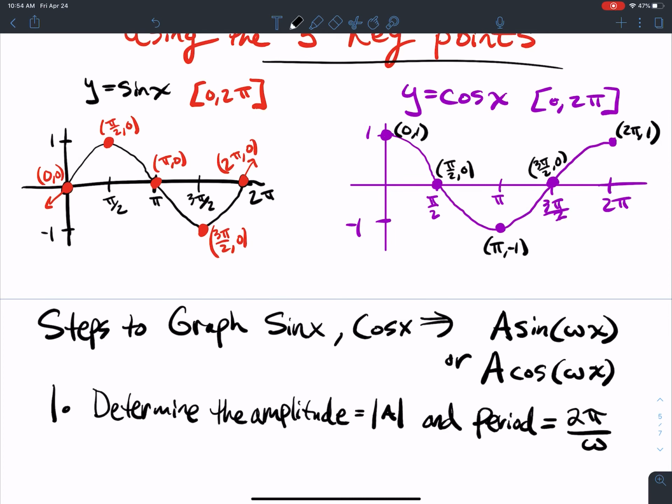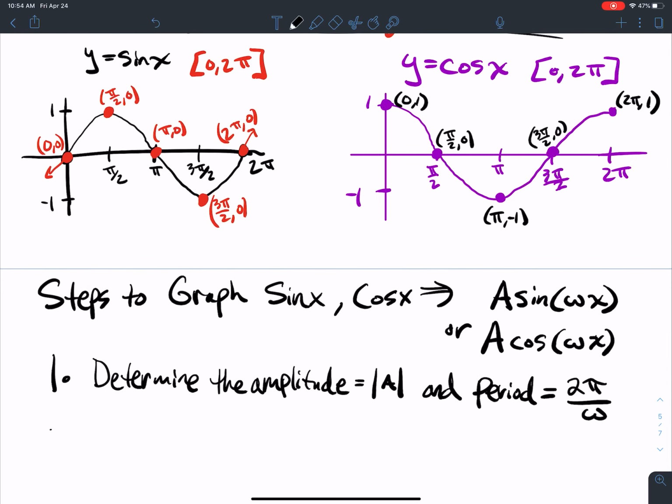Step 2: when you multiply inside the argument by some coefficient, it changes our period. If the coefficient in front was just a 1, like with sine x and cosine x, my period would be 2 pi. But now the period is changing. Between 0 and 2 pi, we cut that interval into 4 equally spaced pieces by taking 1/4 of it, 1/2 of it, and 3/4 of it.